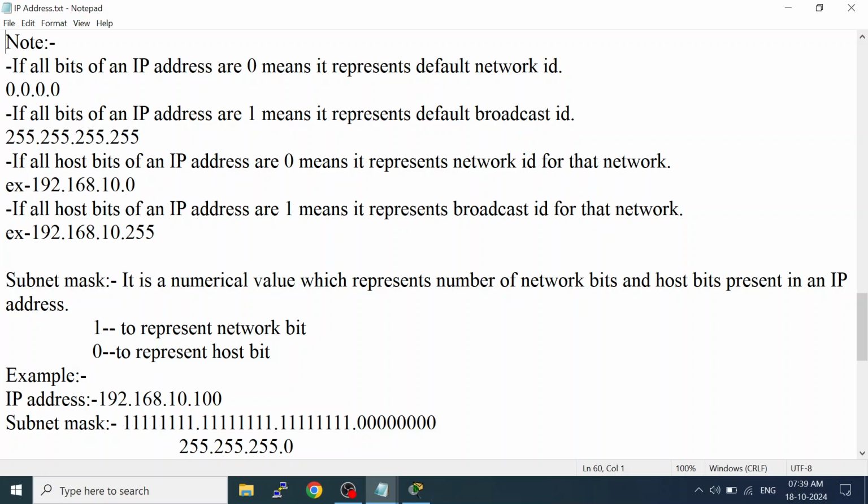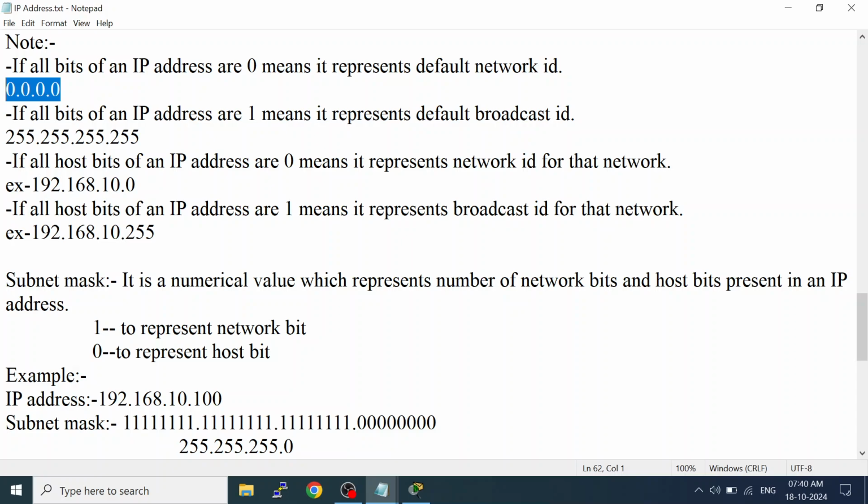Then that IP address is used as the default network ID. Default network ID means when we say human being, it belongs to Chinese, Indian, all. So similarly, when we say all IP addresses, it belongs to private, public, class A, class B, that doesn't matter. To refer to all like that, we use this as a network ID.